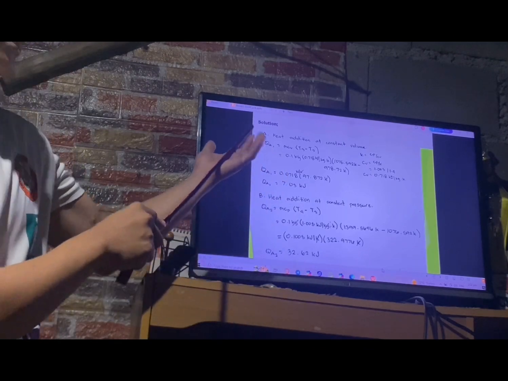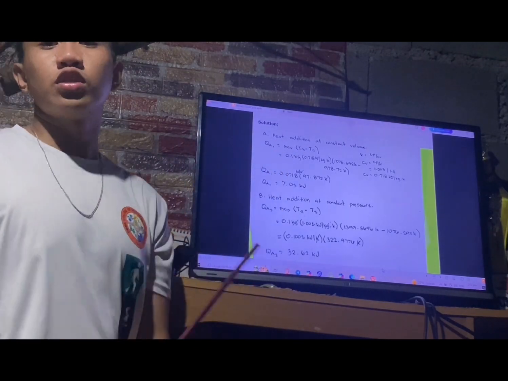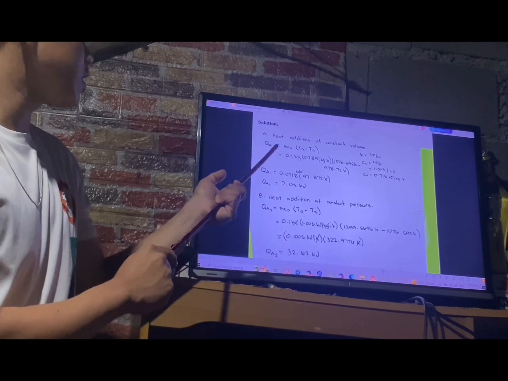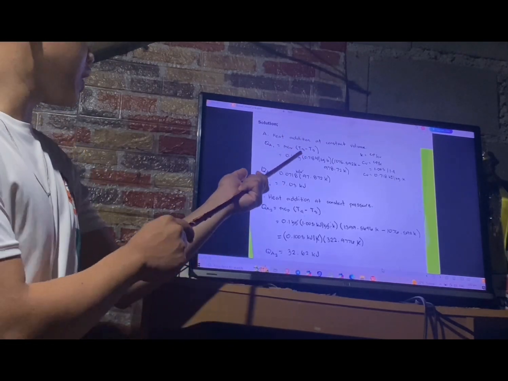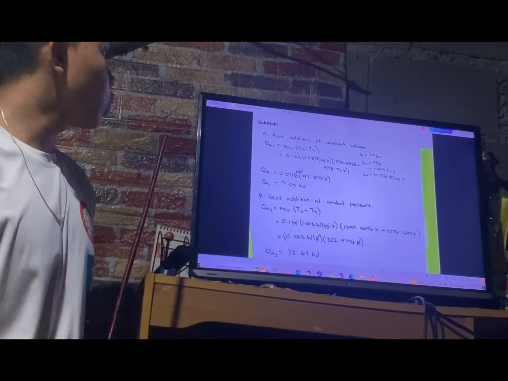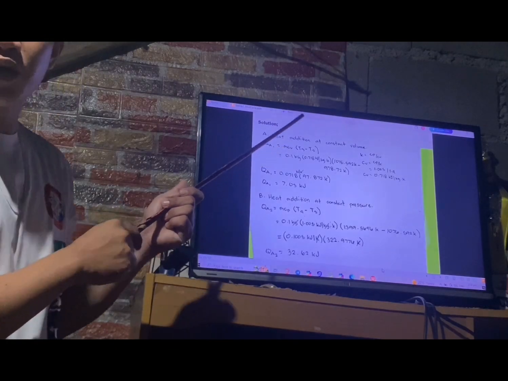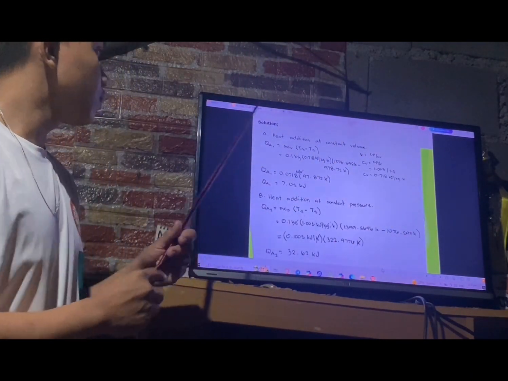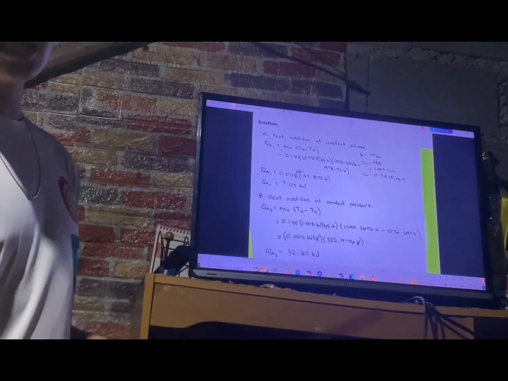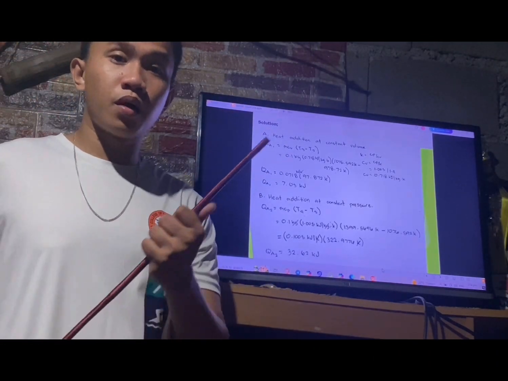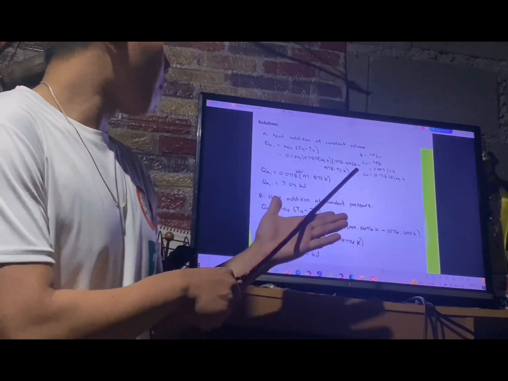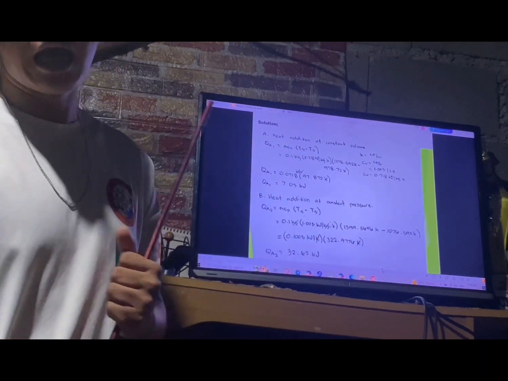First is A, heat addition at constant volume. We have the formula QA1 is equal to m Cv (T3 minus T2). We use Cv here because we know it is constant volume. We don't know yet the value of Cv, but we do know the value of k and Cp.